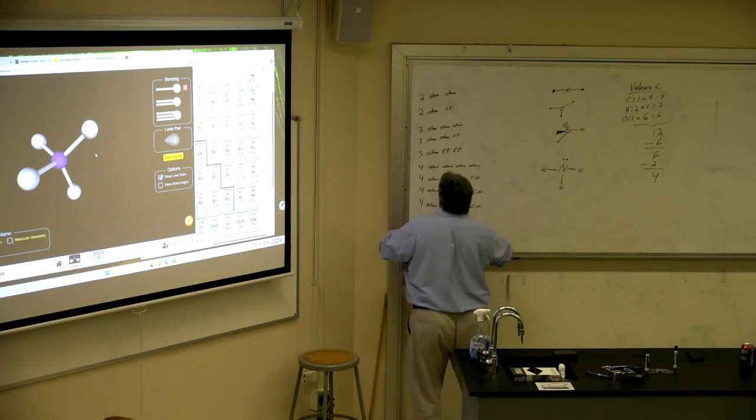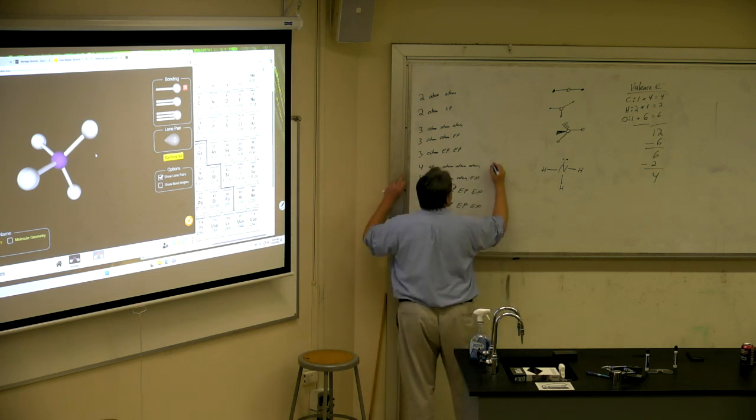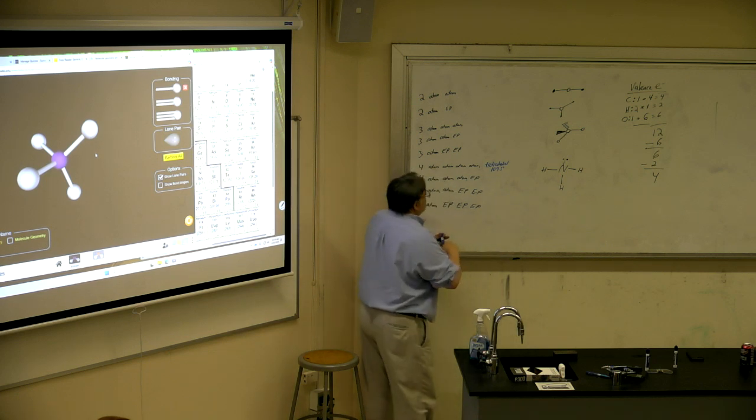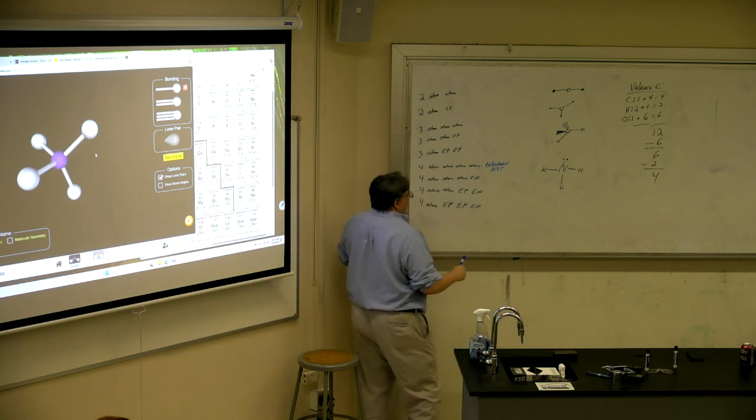That tetrahedral shape, four things around it, all of them are atoms. We would say its molecular shape is tetrahedral, 109.5.